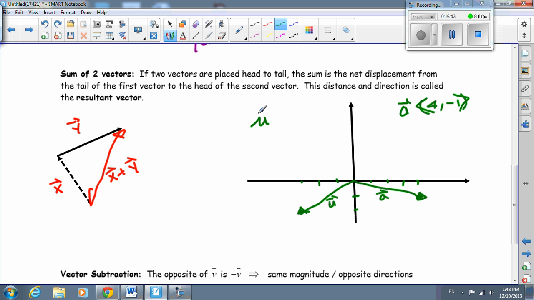And for U, I'm giving myself (-3, -2). If you want to find A plus U, we add the X value, or the first value, I will get 1. And if you add the second value, you get -3. Well, it's at (1, -3), meaning somewhere here. In other words, it's this distance.